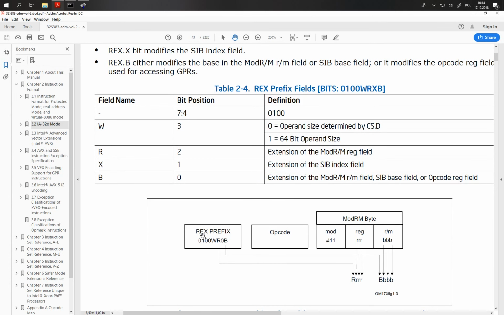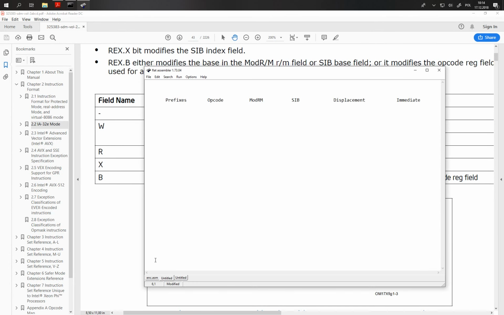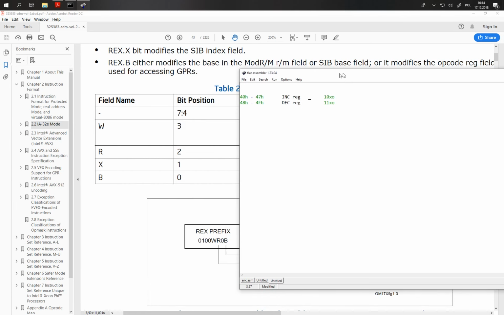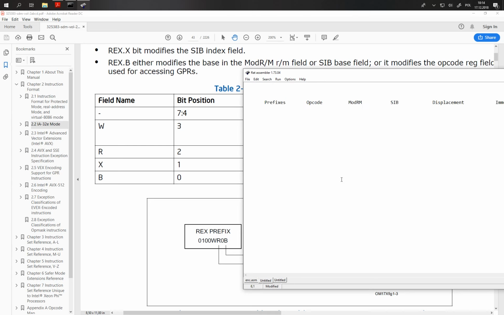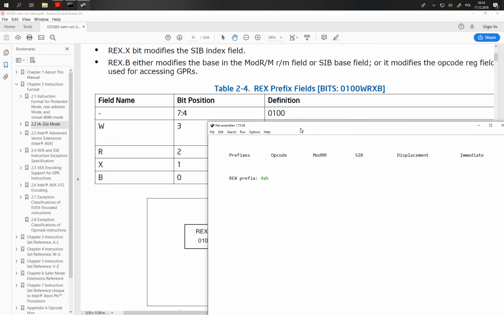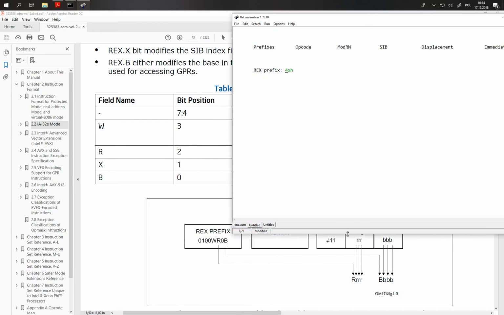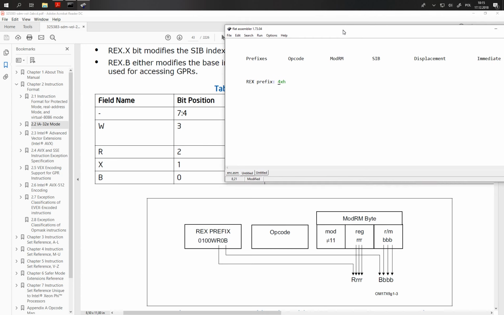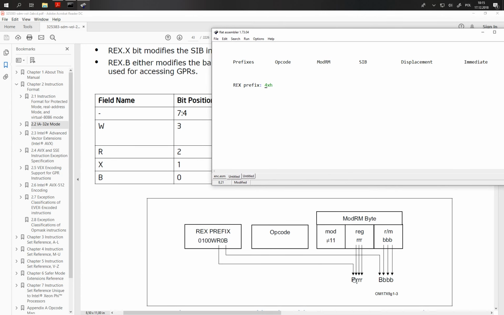Now let's take a look at REX prefix. This entire range is taken by REX prefix, so the high nibble is always 4x and the low nibble is 4 bits that encode 4 different things. Oh, this is nicely shown on this diagram here.